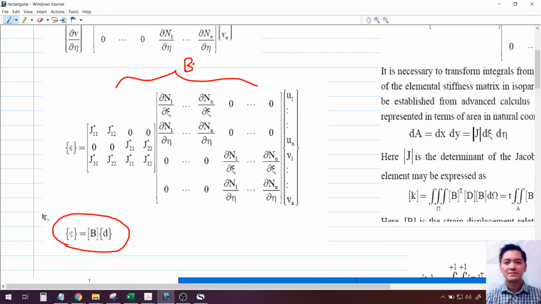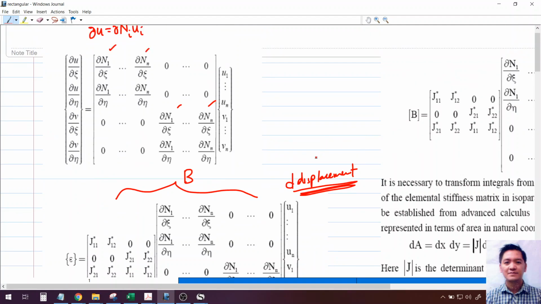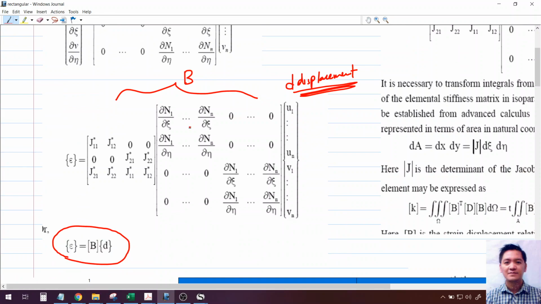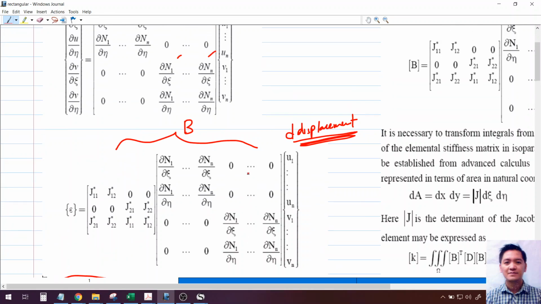That is our B. And this is D. The displacements. Which is what we need sa ating theory. So, finite element. We get the displacement first. Okay, so therefore the B matrix is this and this. Okay.